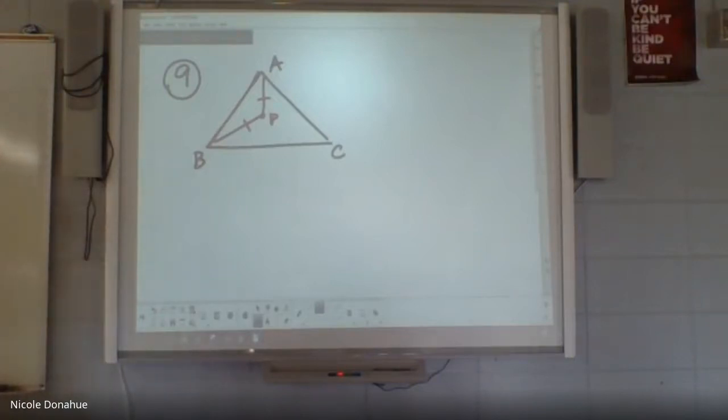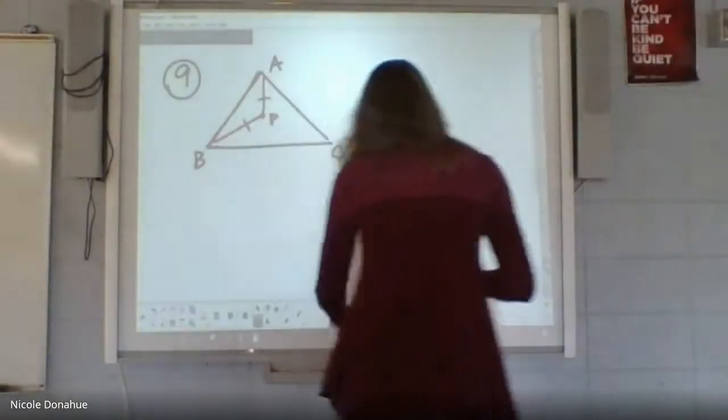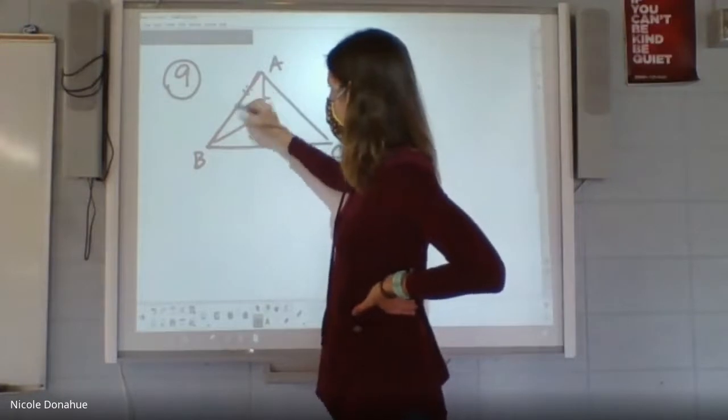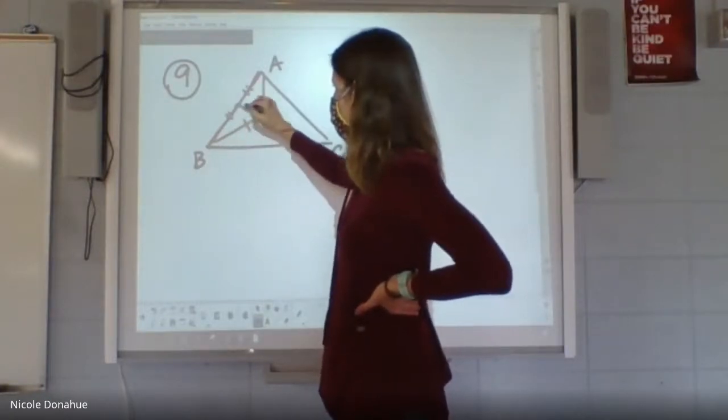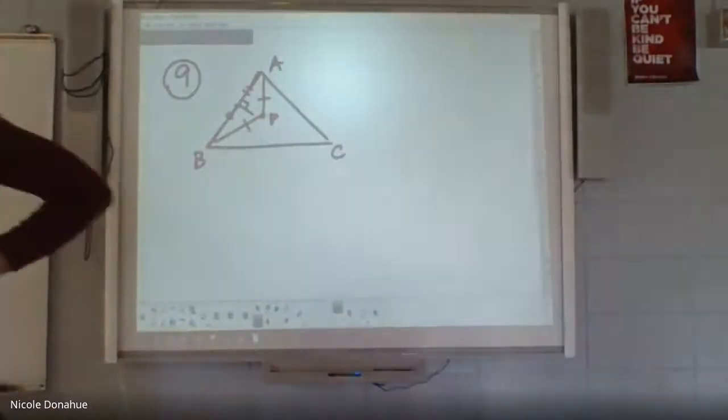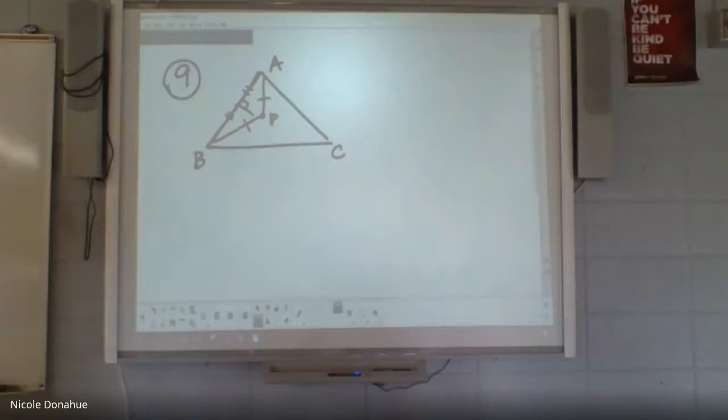Letter B, the perpendicular bisector of AB. Remember, a perpendicular bisector cuts this into 2 equal pieces and then it's perpendicular. That might be a possibility. We'll talk about that in a second. The mid-segment opposite AB.